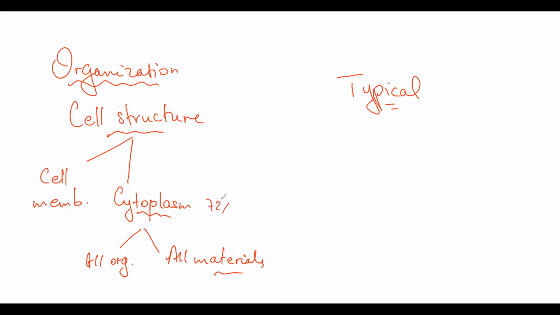About 72% of the cytoplasm is formed of water, and in this water, the materials dissolve. The cytoplasm is a kind of solution mostly made of water in which all the other materials dissolve, and it also contains all the organelles that will be responsible for metabolism inside the cell.